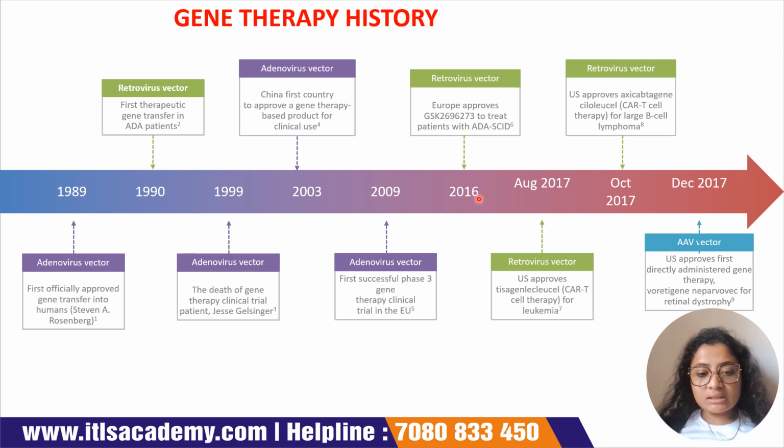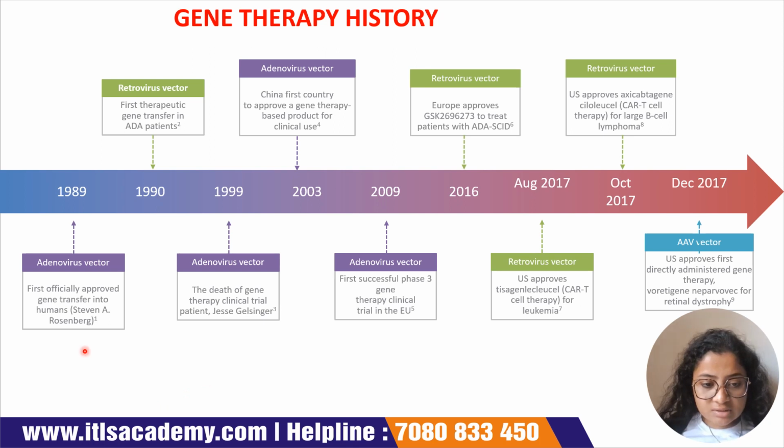So see, in this slide, I have just given a short overview of the major milestones that have occurred in the history of gene therapy. Okay, so see, it started right from 1989. So for the first time, adenovirus vector was discovered.